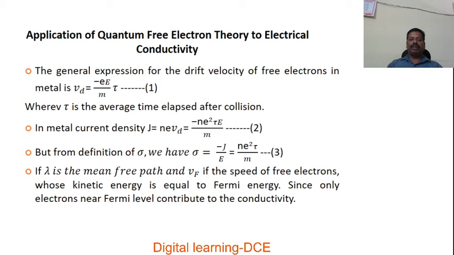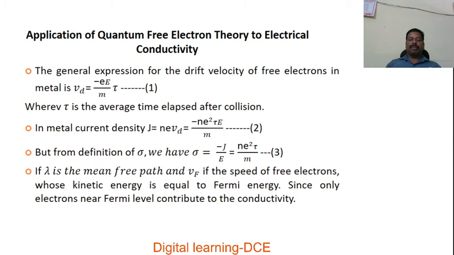Now substitute the value of J here and, simplifying, we have σ = ne²τ/m. This is the expression for electrical conductivity in terms of relaxation time τ, that is σ = ne²τ/m. Important: there will be a problem on these relations. Let's call this equation 3.